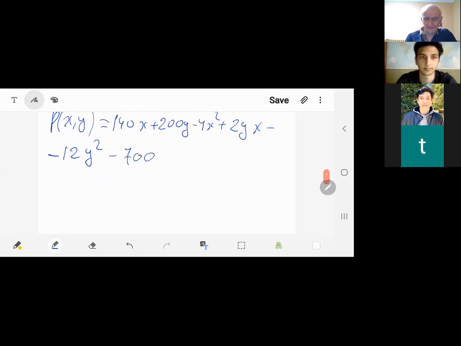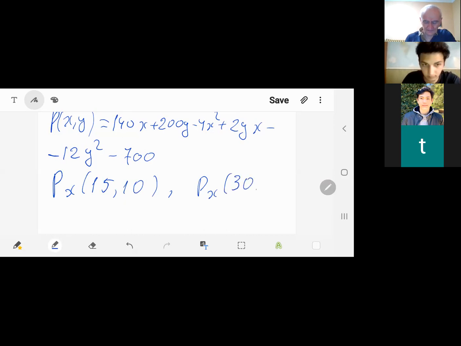Now we need to find P_x(15, 10) and P_x(30, 10).